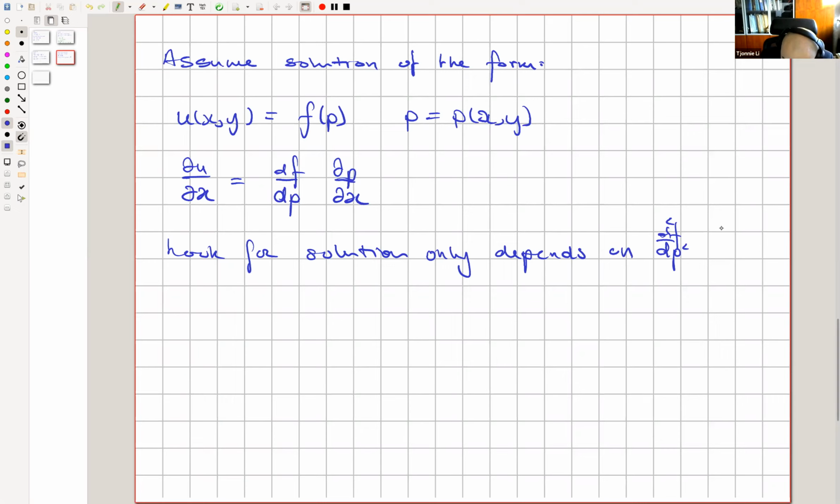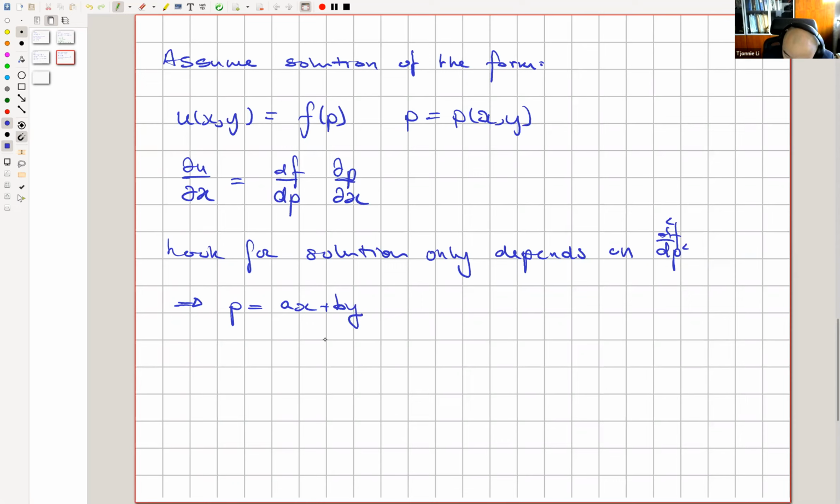So in this case, the partial p partial x has to be a constant. Because if it is not a constant, then when I take the second derivative of u with respect to x, I get extra terms there that I don't want. So again, I end up with p equals ax plus y, because here I just mirror the same thing as I do for y.